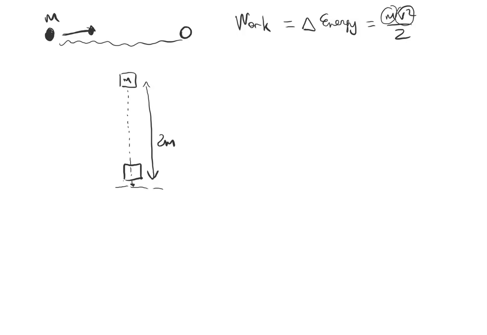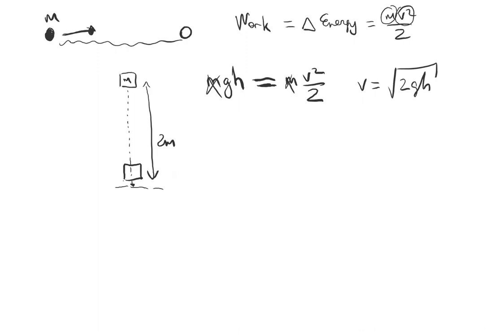You will say in the beginning I had potential energy mgh. Towards the end, I had kinetic energy mv²/2. And since energy is conserved, those two must be equal. Your mass will cancel out and your velocity will turn out to be the square root of 2gh.